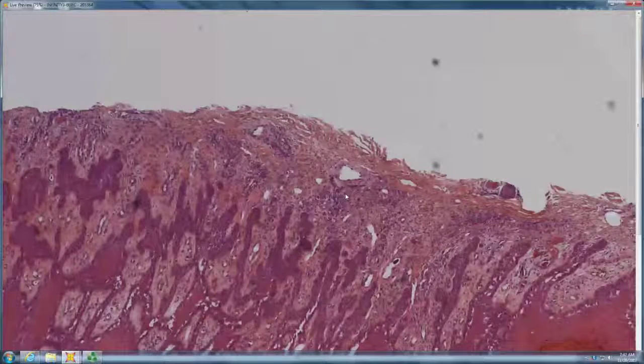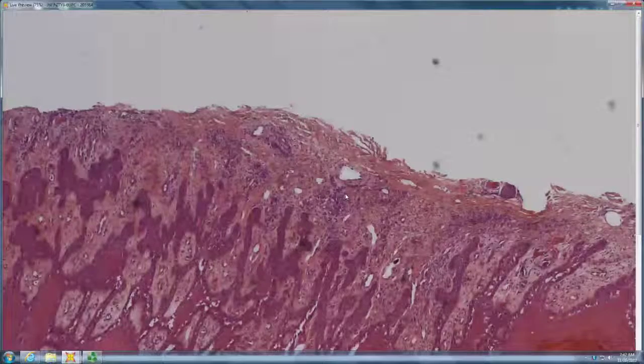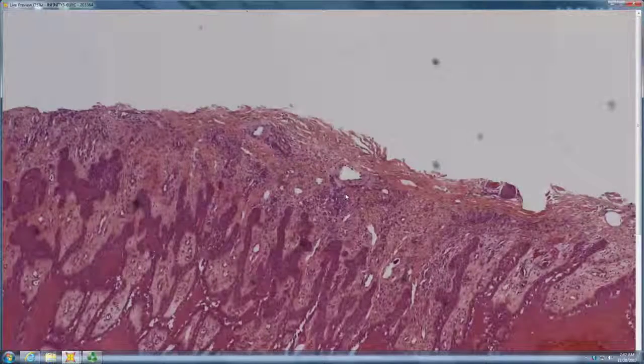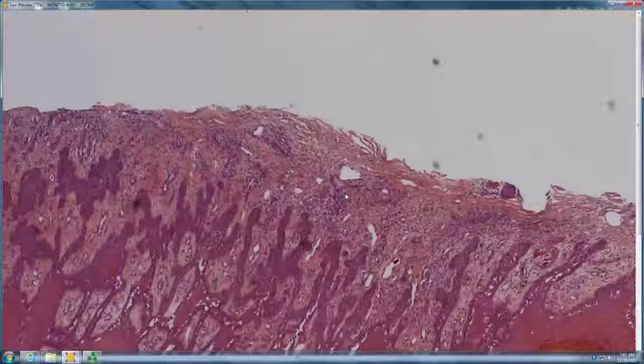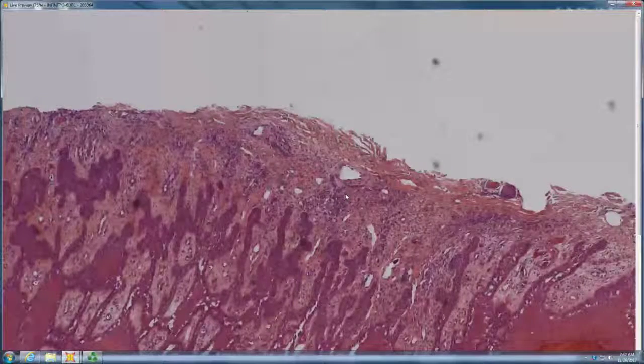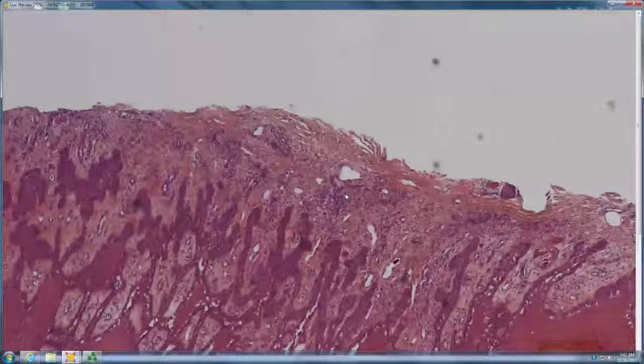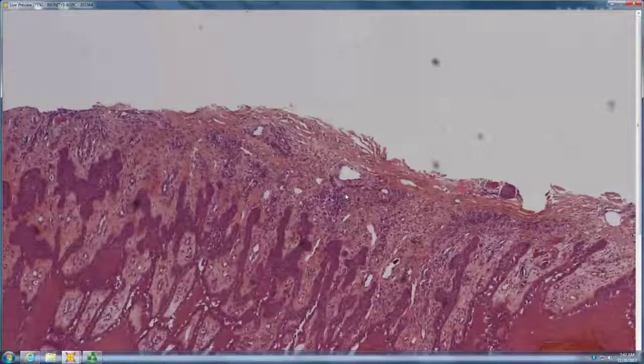So a warty dyskeratoma is a solitary lesion of acantholytic dyskeratosis that is either crateriform or resembles an expanded follicle.